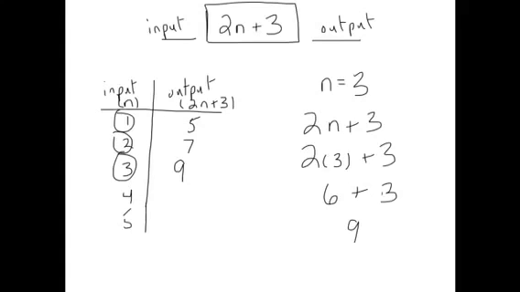If we evaluate it for each of those, and you will show all your work and do the work for each variable or input number, you'd see our table of values. We have an output for every one of those inputs. 5, 7, 9, 11, 13.